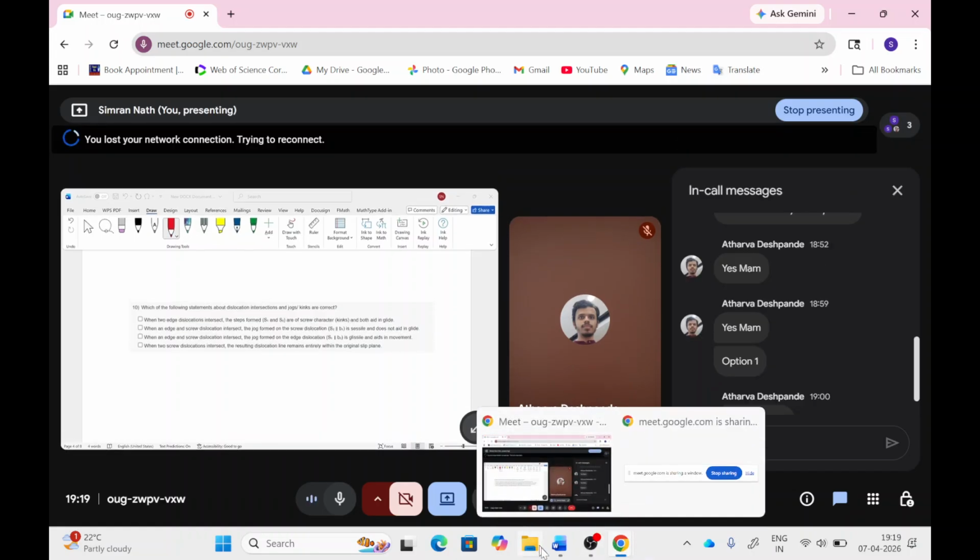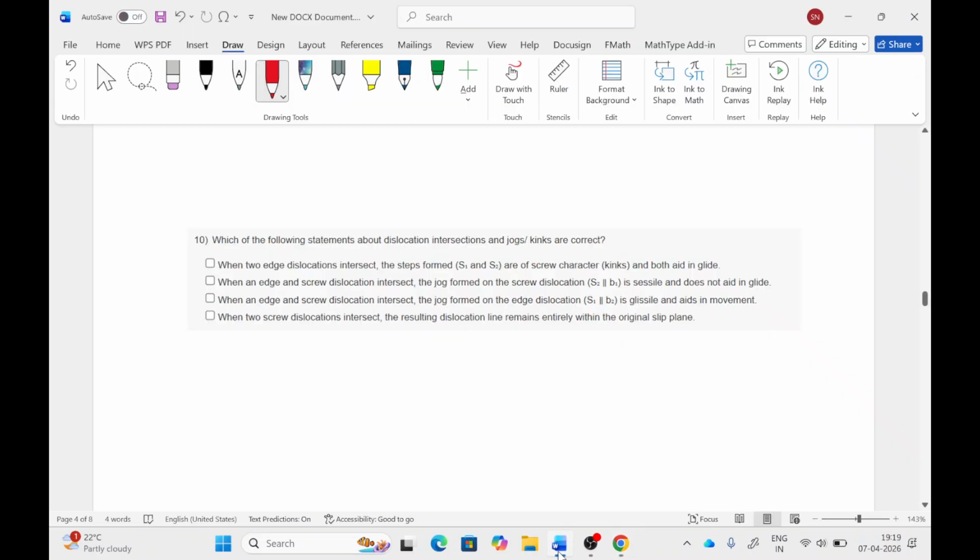And one last question is there. It says, which of the following statements about dislocation interaction and jogs and kinks are correct? The first option says when two edge dislocations intersect, the steps formed S1 and S2 are of screw character and kinks and both add in glide.